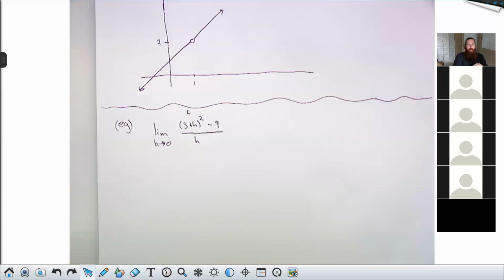I run into the same problem here as I did in the x squared minus 1 over x minus 1 limit. If you try to plug in h equals 0, the top is going to be 3 squared minus 9, that's 9 minus 9, that's 0, and the bottom is definitely 0.